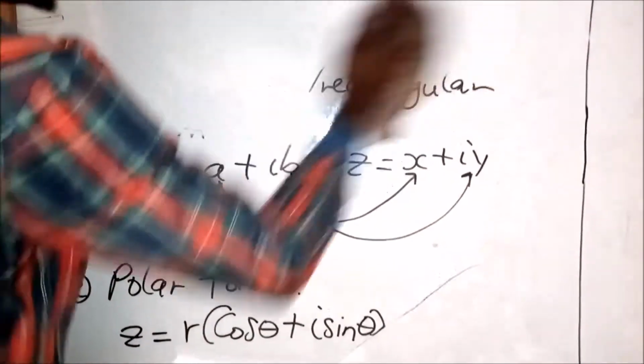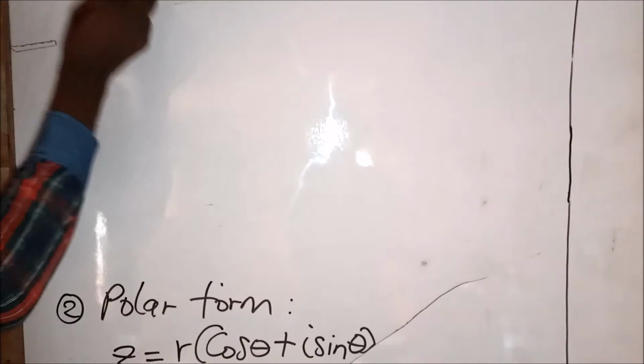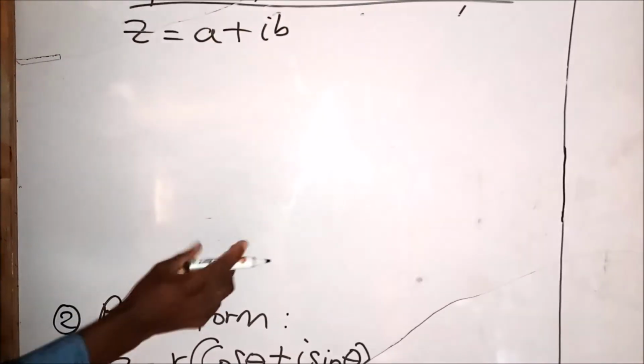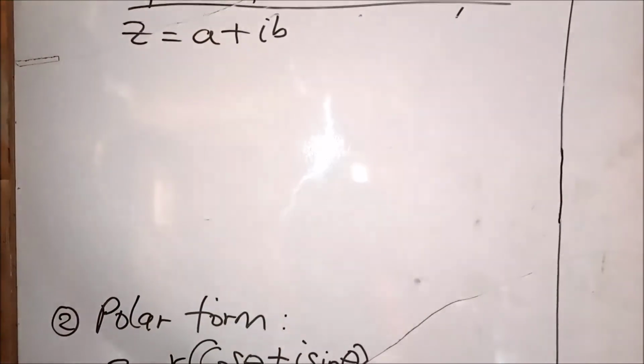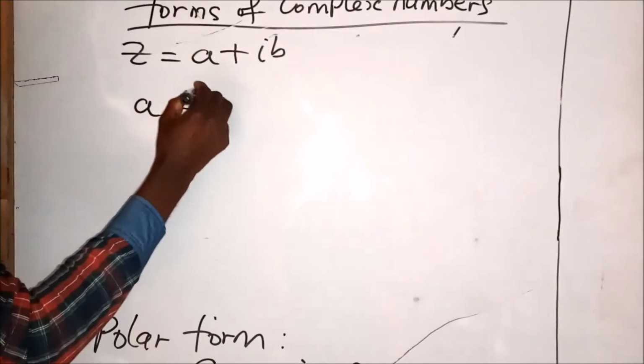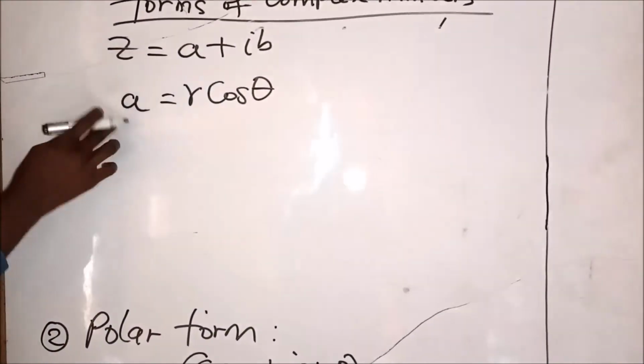Since we have the general form of a complex number to be z equal to a plus ib, if we want to get the polar form, we have that our a is given as r cos theta. This is an expression for a.